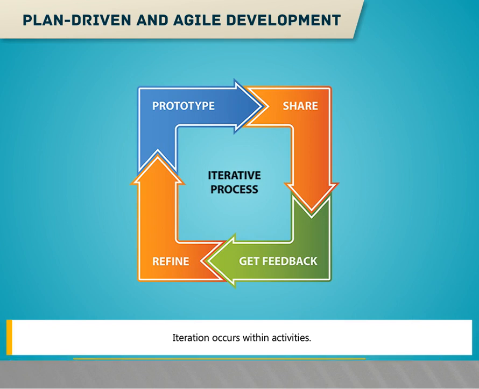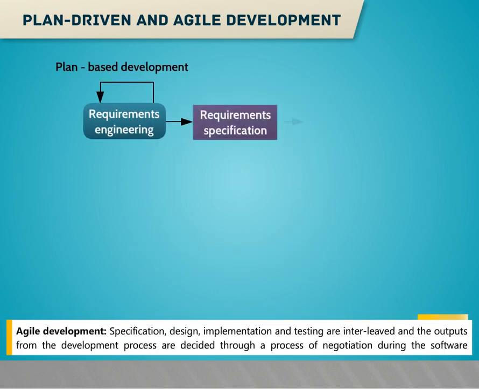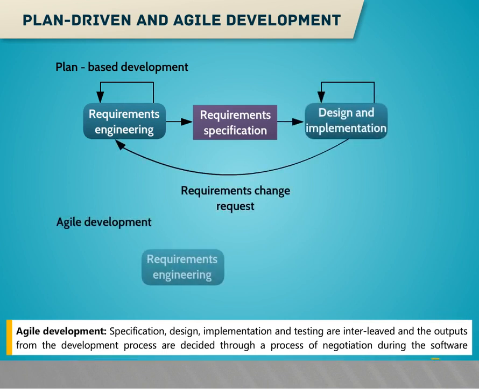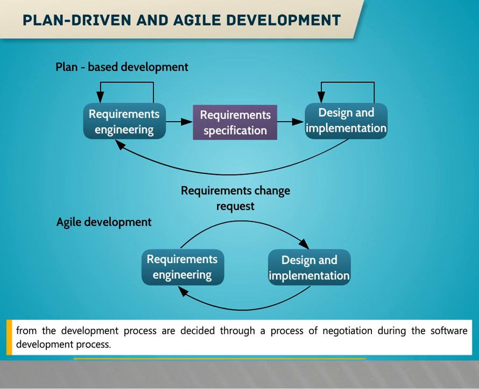Iteration occurs within activities. In Agile development, specification, design, implementation and testing are interleaved and the outputs from the development process are decided through a process of negotiation during the software development process.